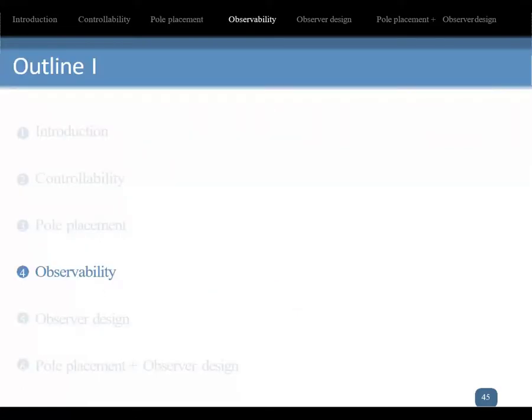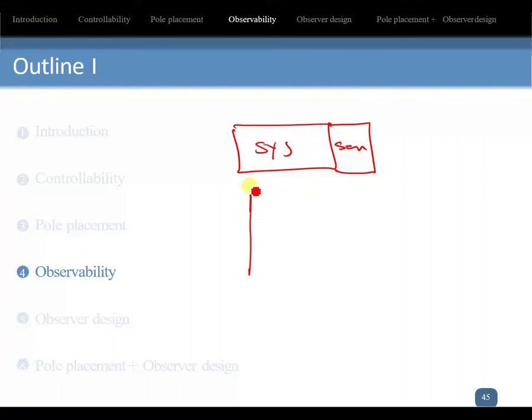Now we go to observability. If you remember, for observability you have the system here and you have the sensor. Anytime you know about the state variables of the system, I can say all of the state variables. Imagine you're in a car and you have position and velocity; at each time you can measure these two states.